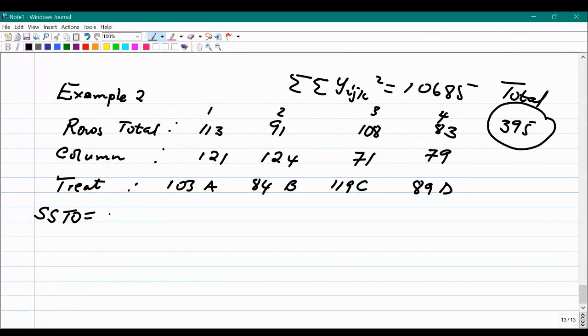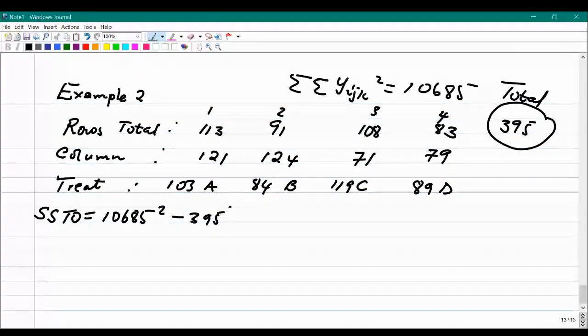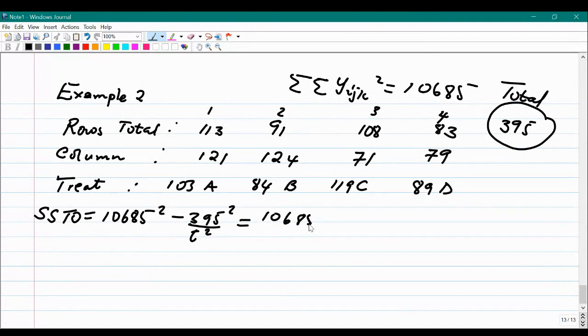Find SSTO. You will say the value 10685 minus 395 squared over T squared. Why am I squaring this one now? These values are already squared, so what I'm doing now is wrong.